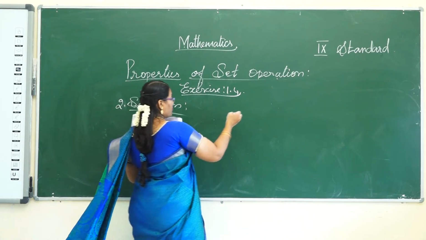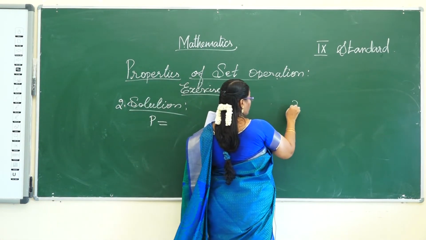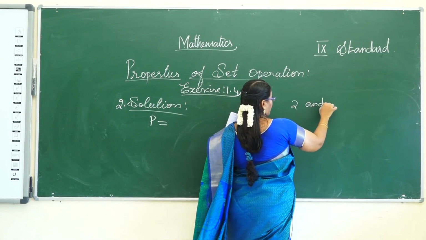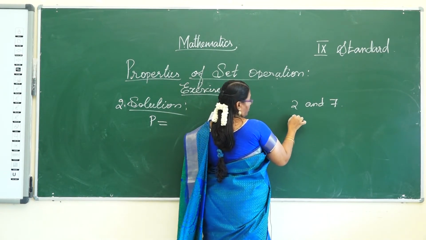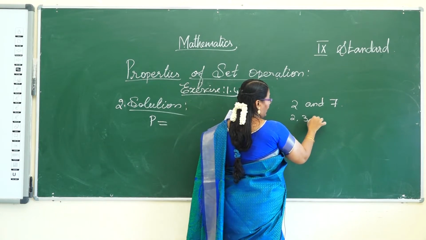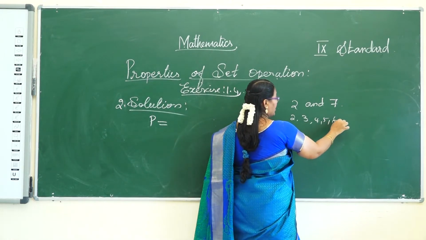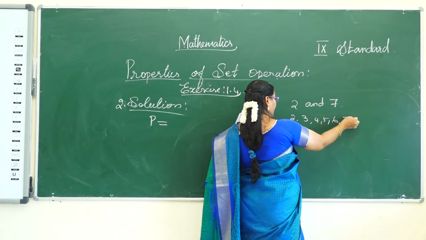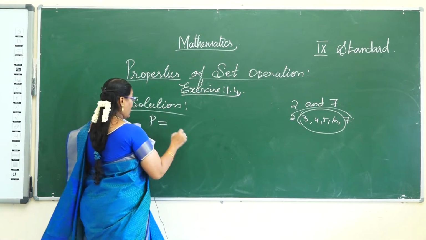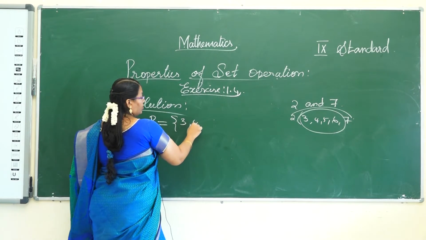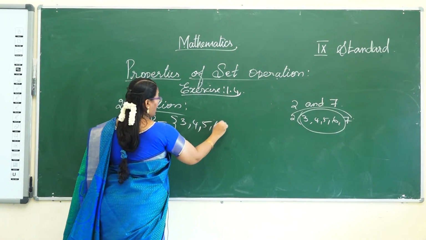So what are the numbers between 2 and 7? 3, 4, 5, 6. Between means what numbers are there between these two.